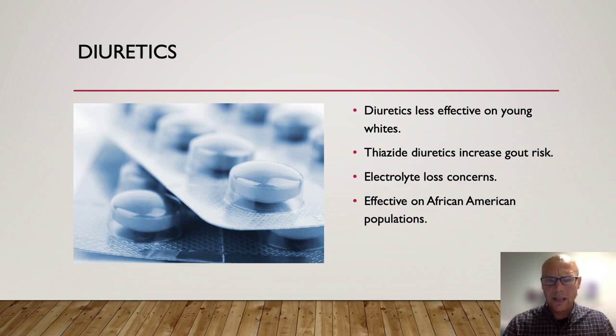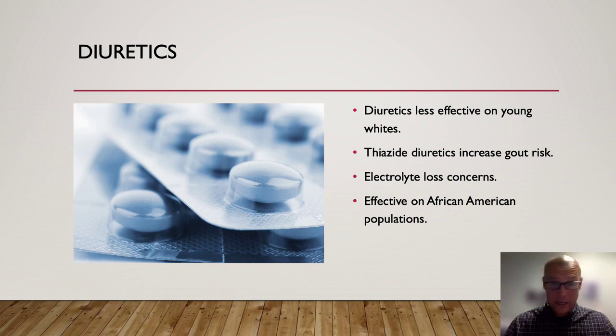So with hydrochlorothiazide in a younger white population, or any younger population, you really got to worry about a secondary cause. So a person in their 20s shouldn't have high blood pressure unless they're obese and they have other confounding factors. But there might be a secondary cause in there somewhere, so you should really think about that.